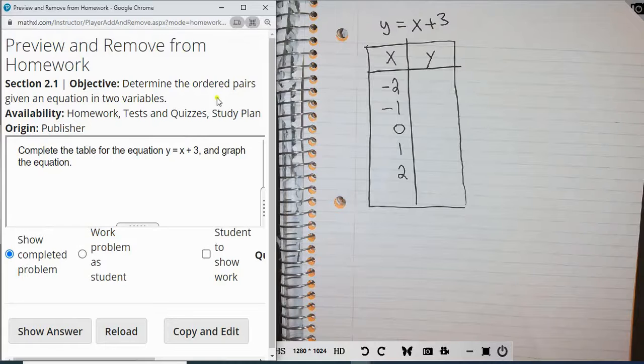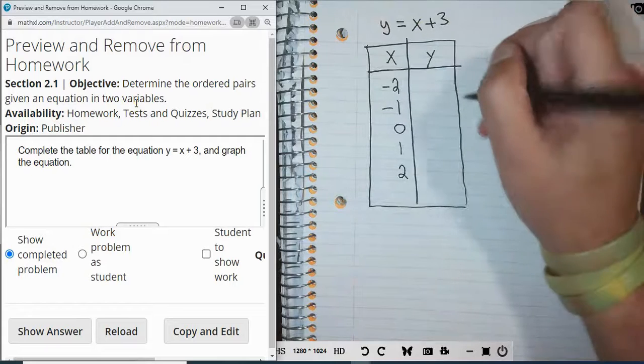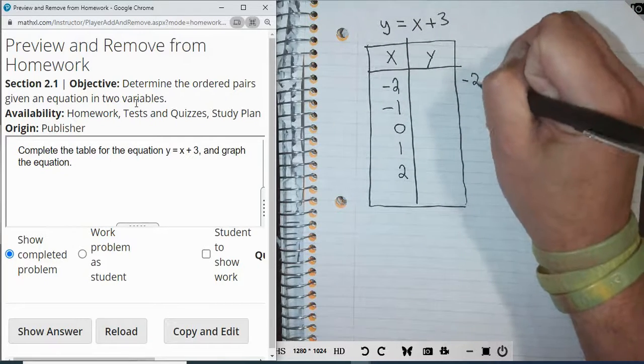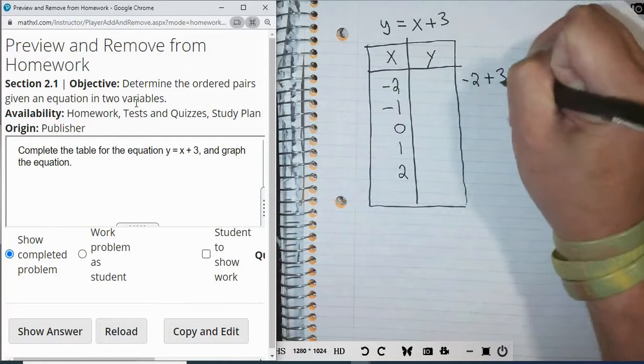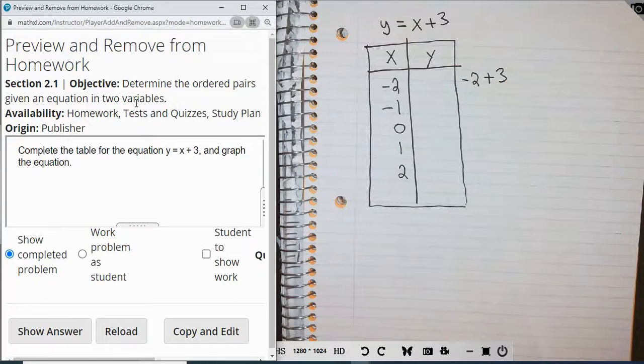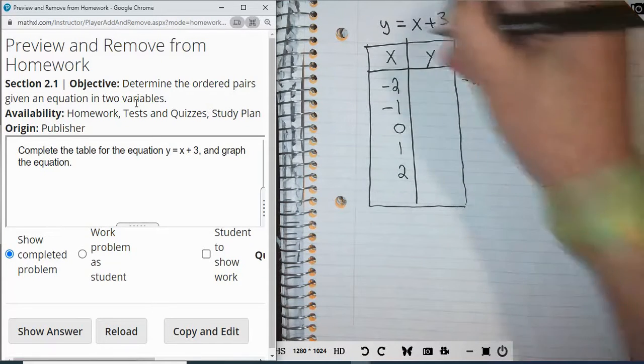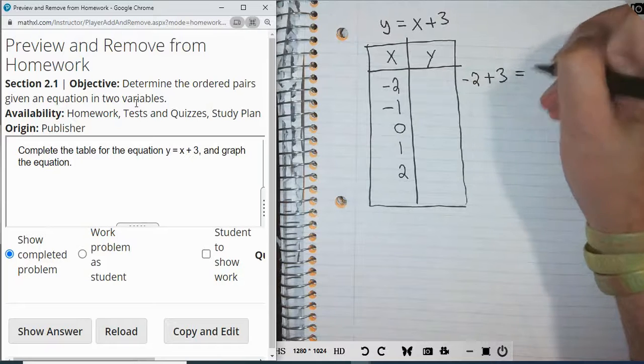So the idea here is we're given a value of x, and we need to find the y. Basically, we just take this value of x and plug it into our equation to get our y out. The way I like to do this is on the side here. Negative 2 plus 3, just plugging in the x there, is 1.